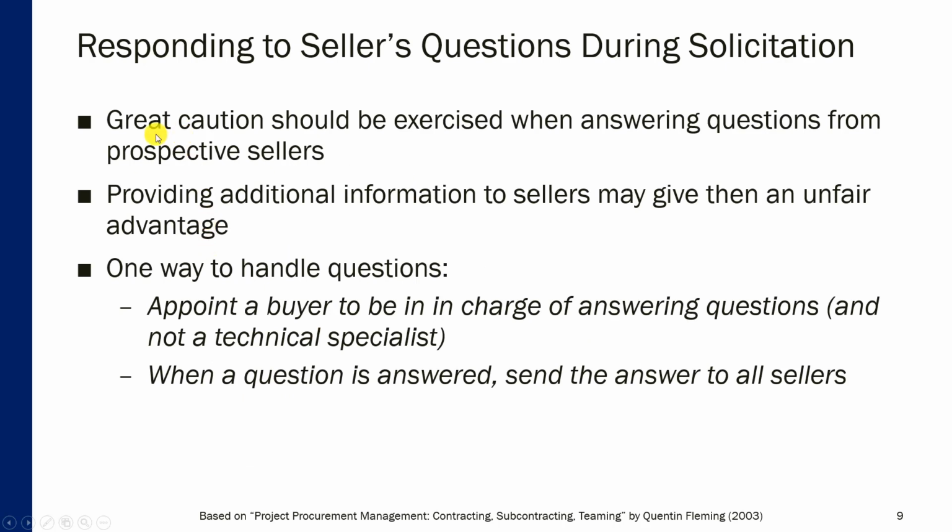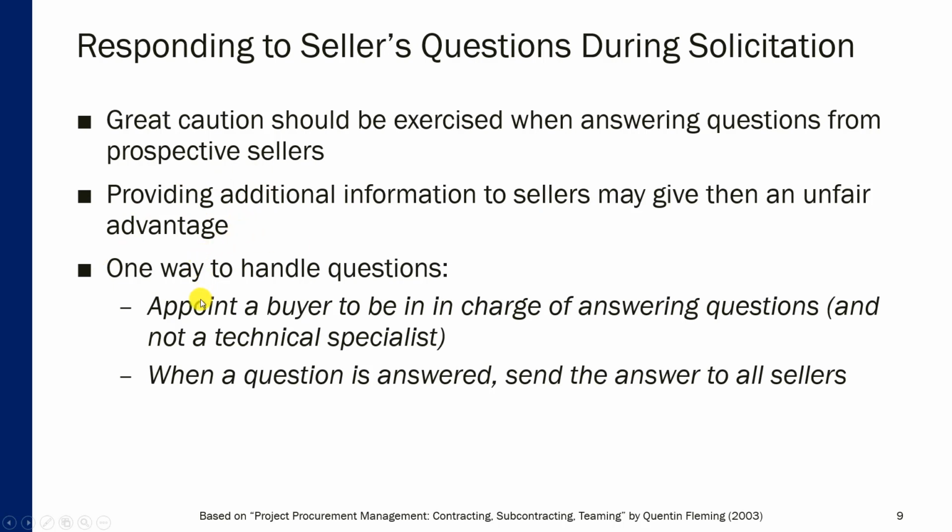Now, great caution should be exercised when answering questions from prospective sellers after you send out your RFP or some other document. The problem is that providing additional information to sellers may give them an unfair advantage, because this seller will have his or her question answered while everybody else will not have access to this information. Now, there are a number of ways to address this problem.